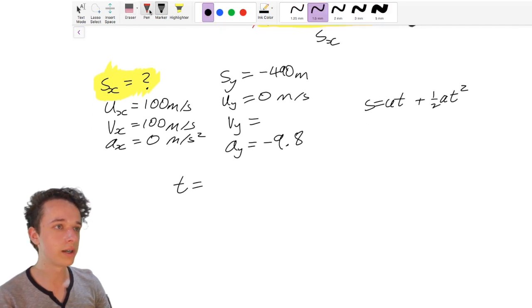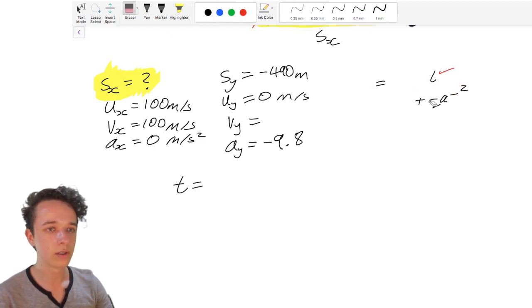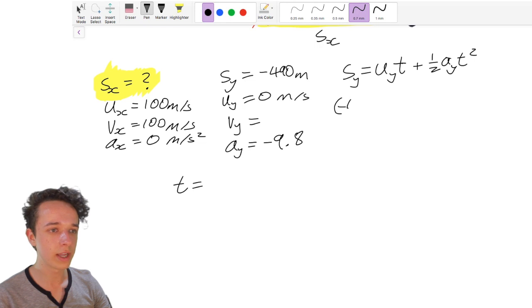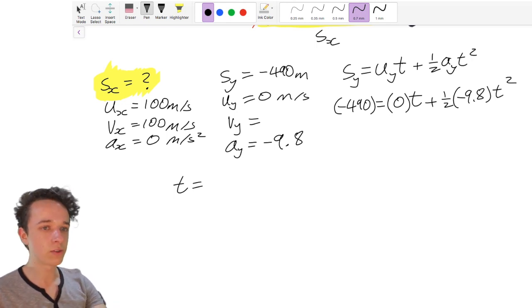Now let's fill in the data that we have. I might just rewrite this a little bit neater. We're considering sy equals uyt plus half ayt squared. Sy we have as negative 490. Uy we have as 0. We've got a t there that we're trying to find. And then we have half ay, which is negative 9.8 due to gravity, half negative 9.8 t squared.